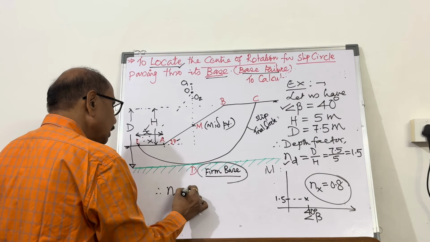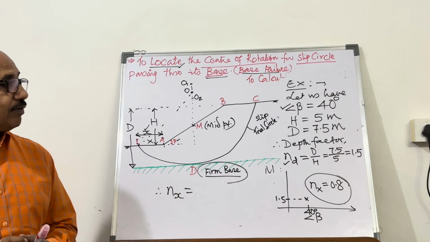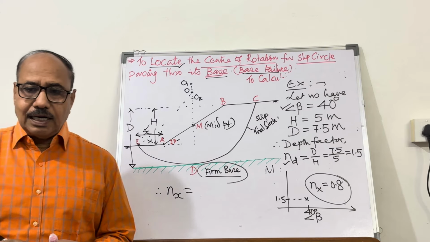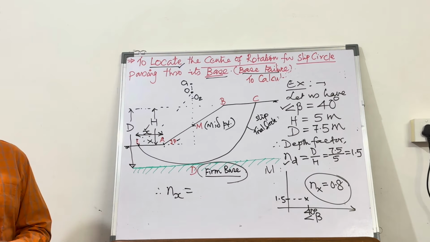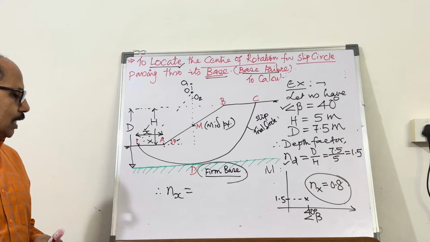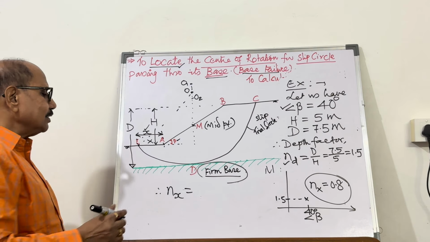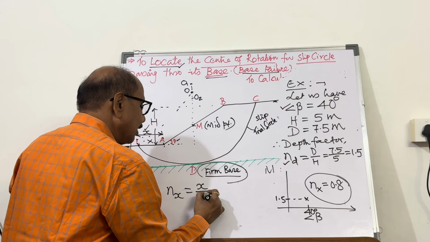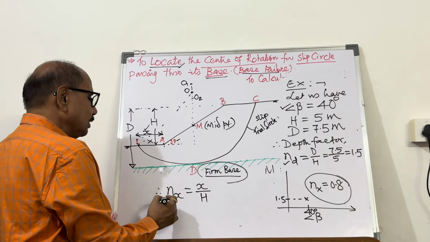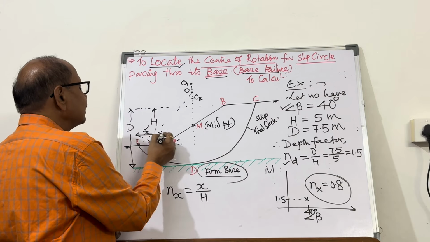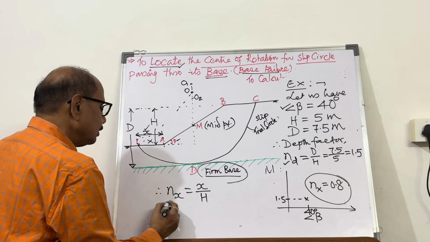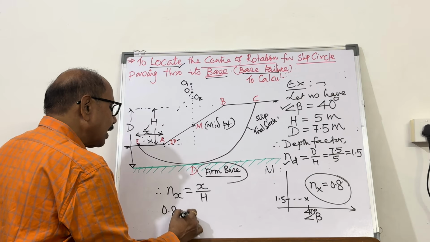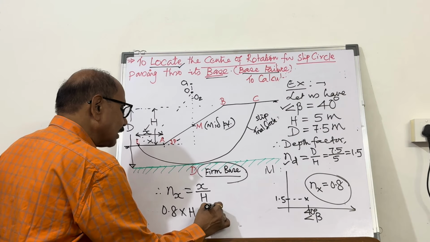Therefore Nx equal to, as known to all of you, x divided by h. Depth factor is d divided by h, and the distance factor is x divided by h. Now this is already known to me as 0.8, multiplied by h equal to x.